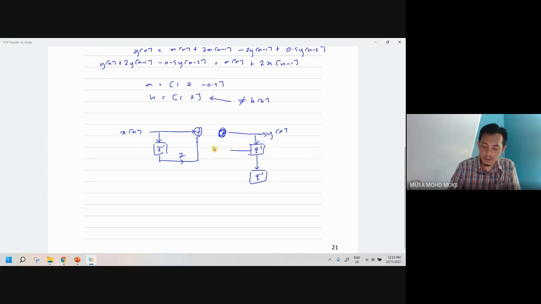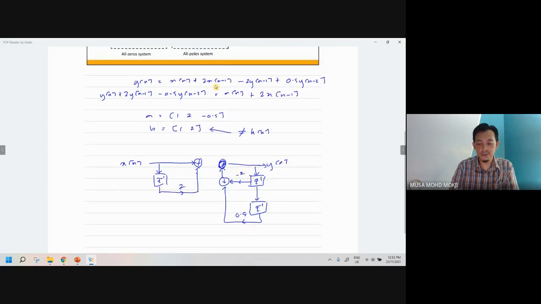So this one goes to here. Now we have 2 parts, and yn is always 1, z minus 1, so this is supposed to be the minus of this one. So this is actually minus 2. And then this is 0.5.